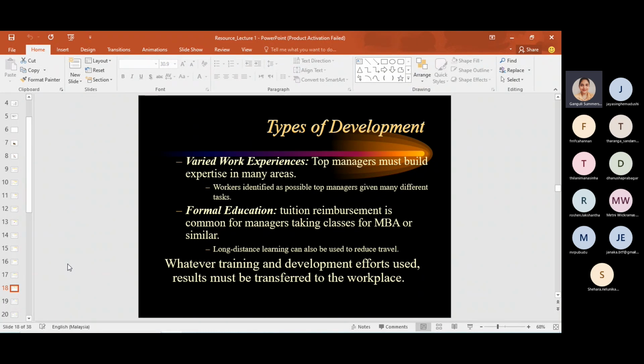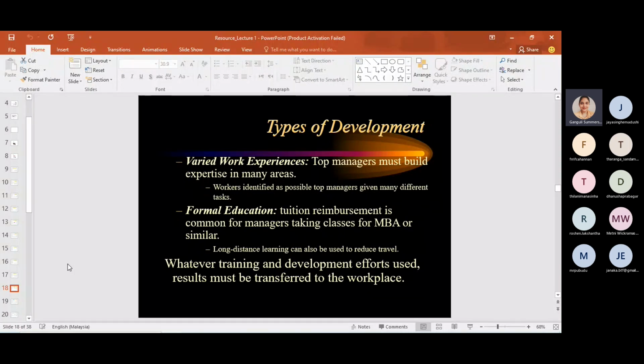You are exposed to various jobs, various tasks, various duties. So it really helps you to develop or improve yourself. Okay, so someone who has various work experiences probably has a really good development in them as well.